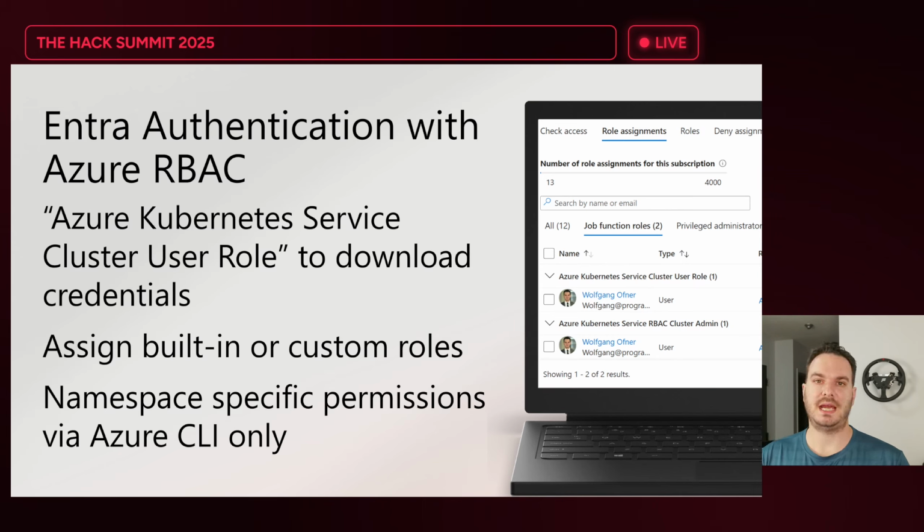And if you want to assign permissions to a namespace only, then you have to use the Azure CLI to do this. Also, you can only use the Azure CLI to display permissions on a namespace. You can't see it in the Azure portal. But that's the only downside. So if you have to decide which option you should choose, always pick the Entra authentication with Azure RBAC.